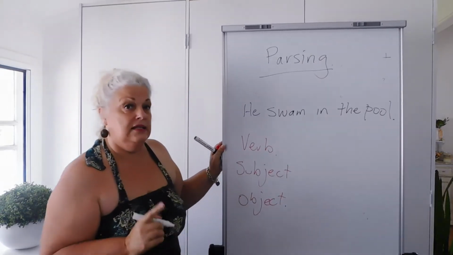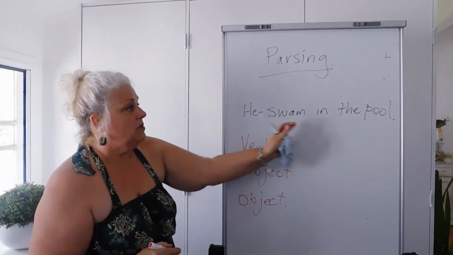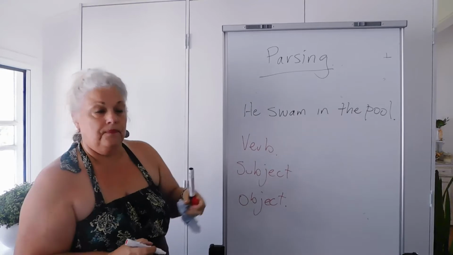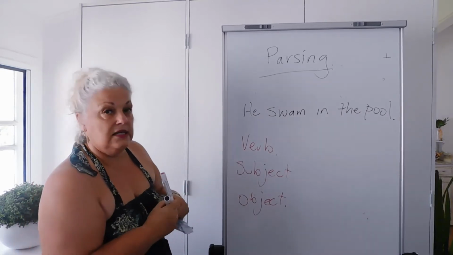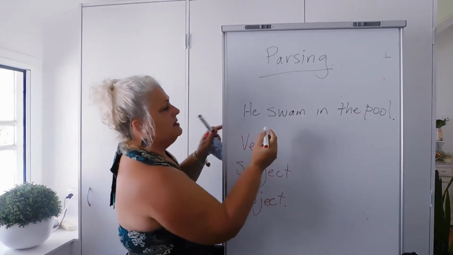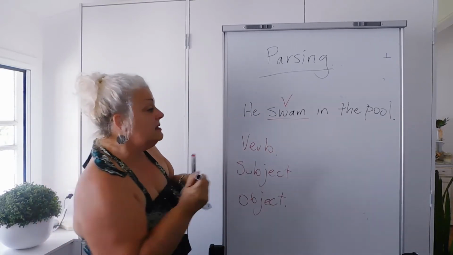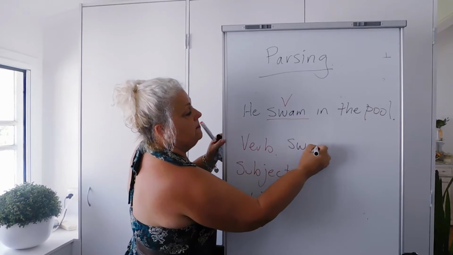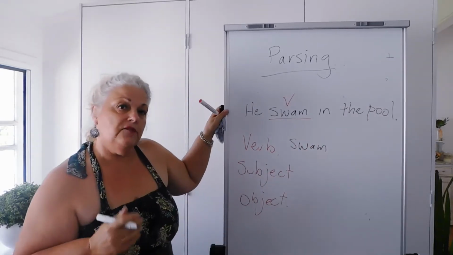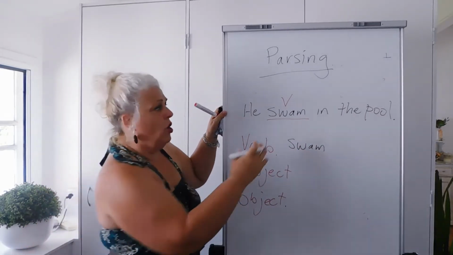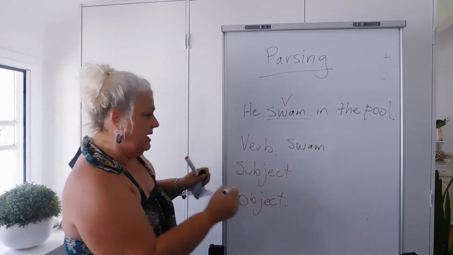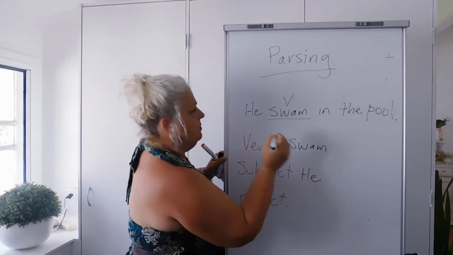Let's parse this sentence. The action part of this is swam, past tense of swim. So that is our verb. We've identified the very first thing we need to do when we parse, and it's swam. Remember what we do next to find out if we've got a complete sentence? Who swam? He swam. So we have a subject.